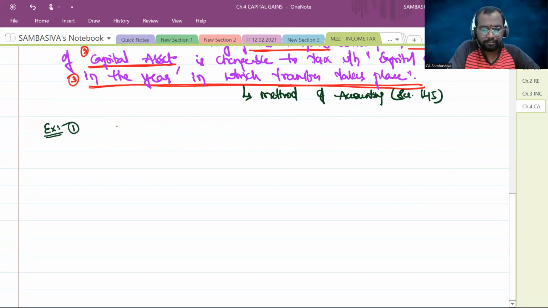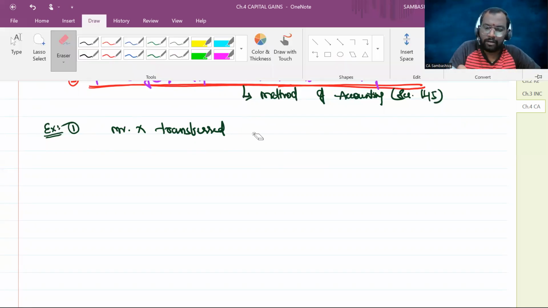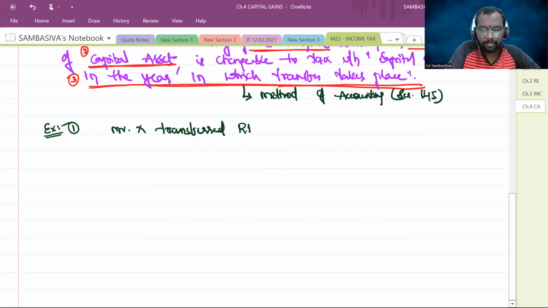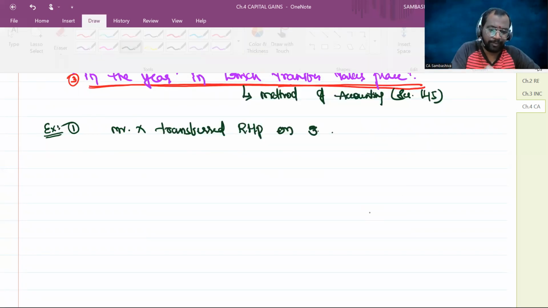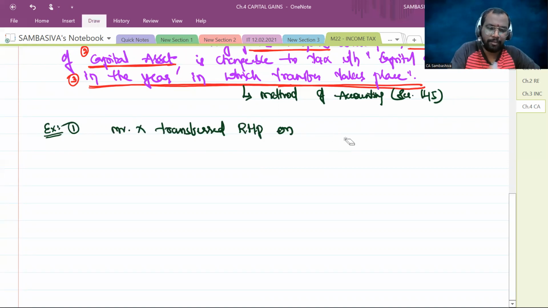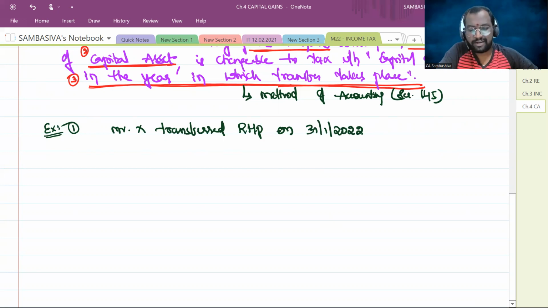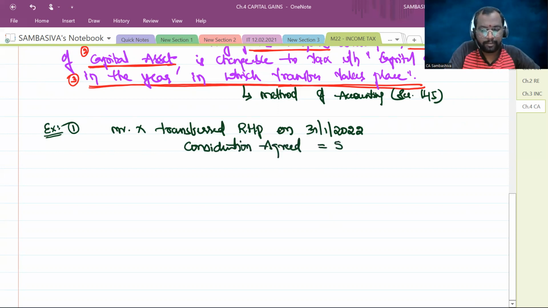Suppose that Mr. X transferred a residential house property on 31st January 2022. Consideration agreed, let us say, 50 lakhs rupees. Down payment received on 10th of March 2022, rupees 10 lakhs. Remaining consideration received on 10th of April 2022, that is equal to 40 lakhs.